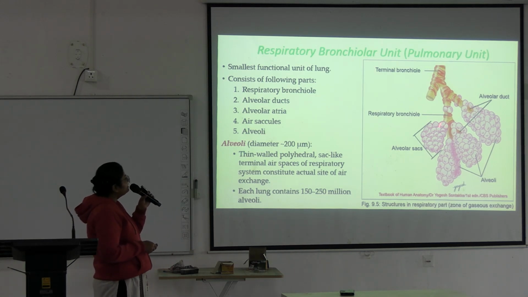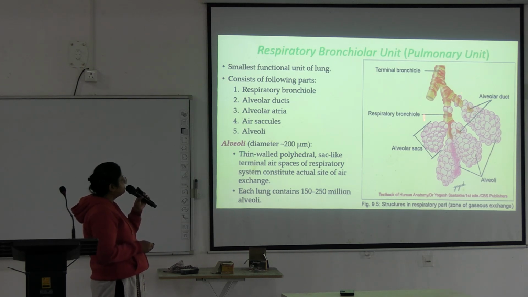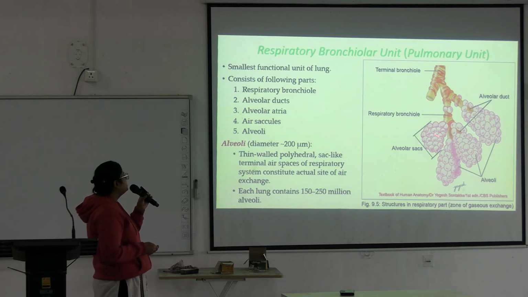From there, these are the respiratory bronchioles. After that, it is going towards the alveoli, and here in line lie the alveolar duct and alveolar atria like this. Okay, and these are the alveolar sacs, air saccules and alveoli.